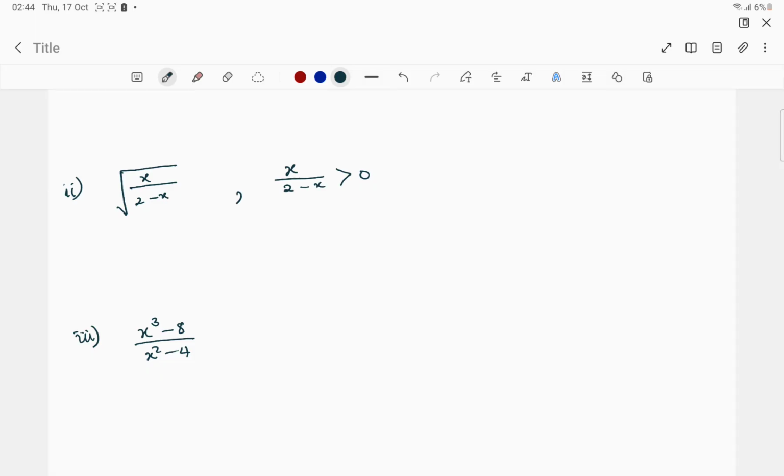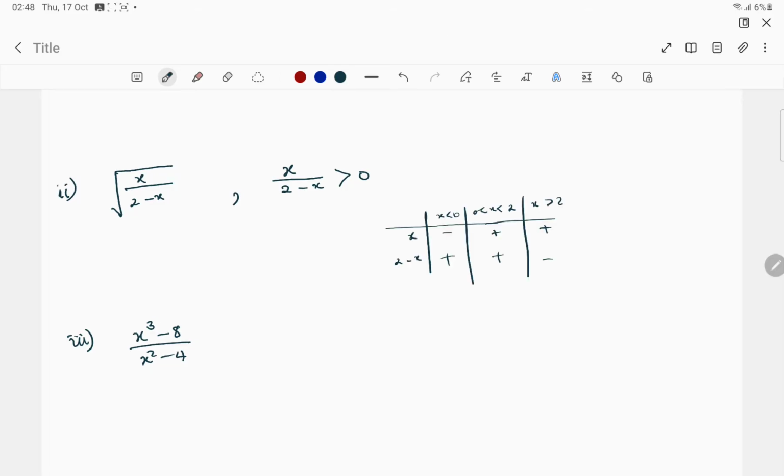And this means that we have to solve this inequality. There are many methods to solve it. Because it's an inequality, we cannot multiply both sides by 2 minus x. So we have to use either this table or any other method which works.